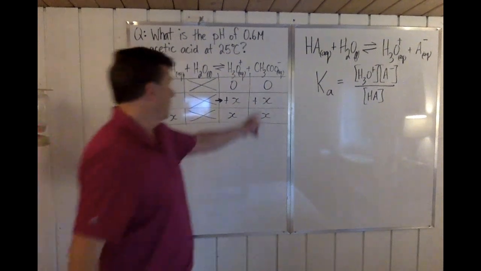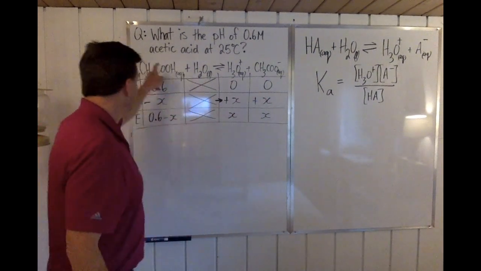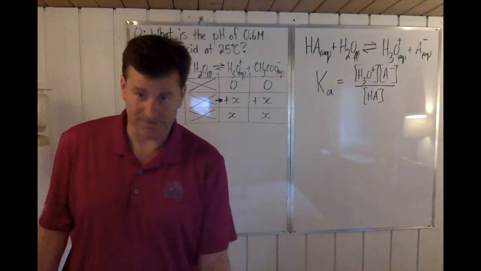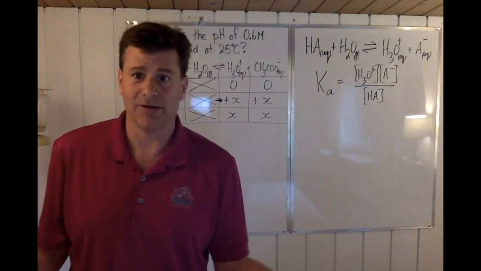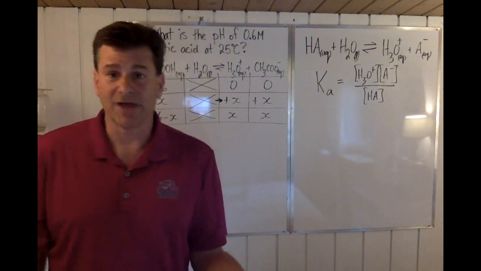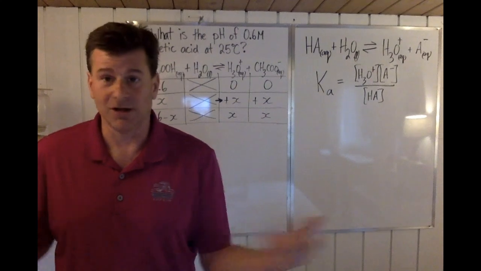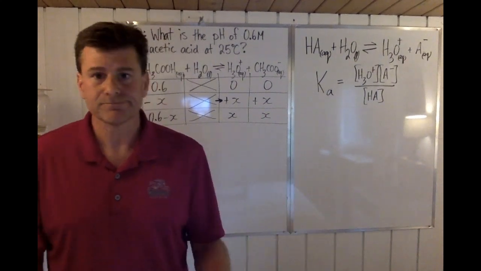It also tells you what the acetic acid finished at, but the question didn't care about those two things. It cares about the hydronium because it asks you for pH, and all pH cares about is hydronium.